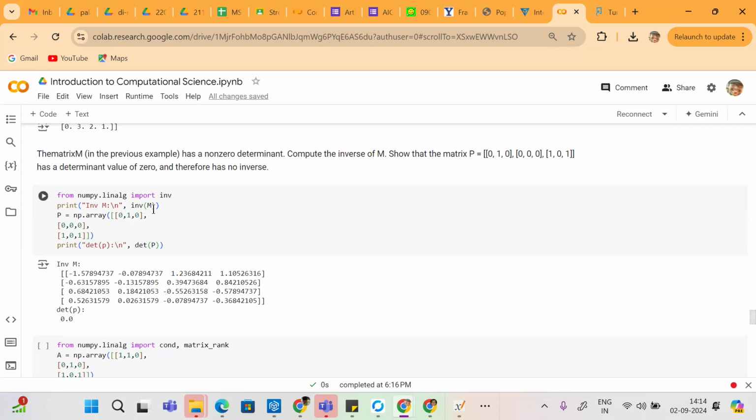So you can see inv bracket m. It will give you the output, which will be the inverse of the matrix M. You don't need to do anything else. So if you just want the inverse of a matrix in some computations, you can just use this inv function.